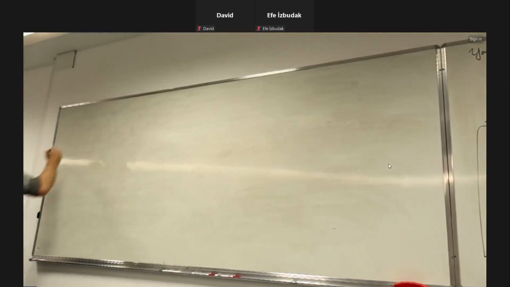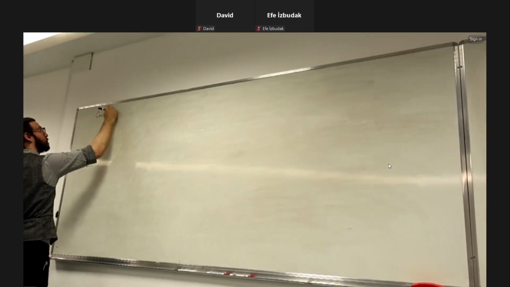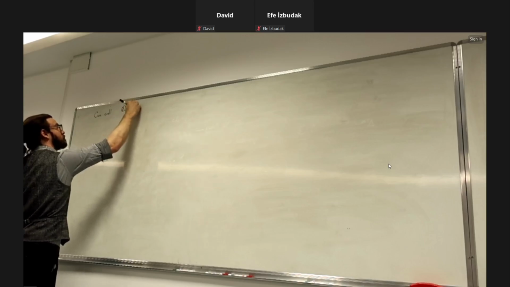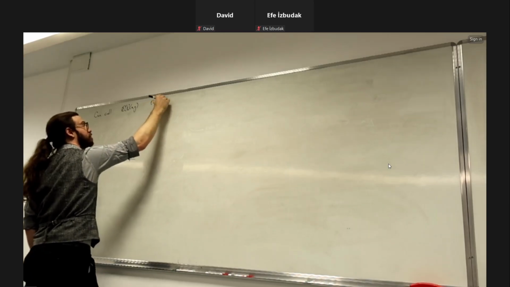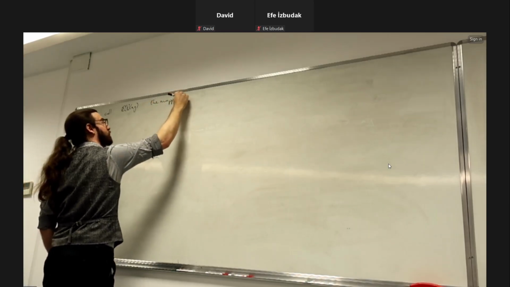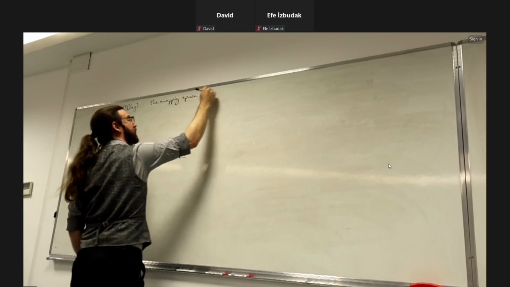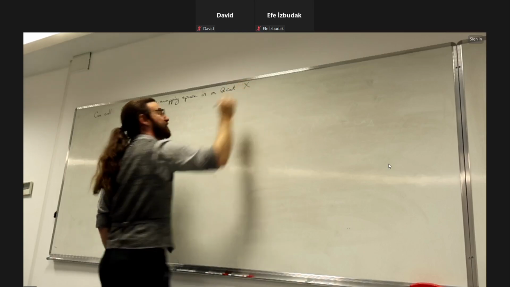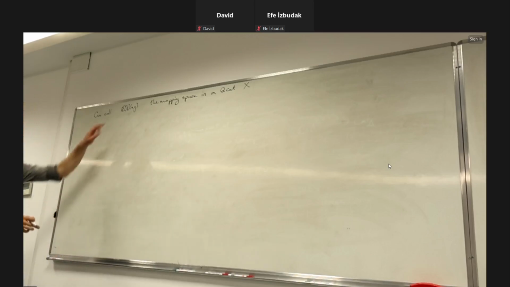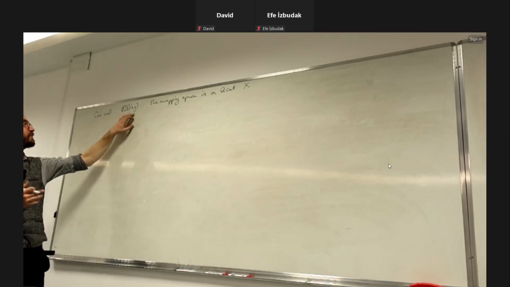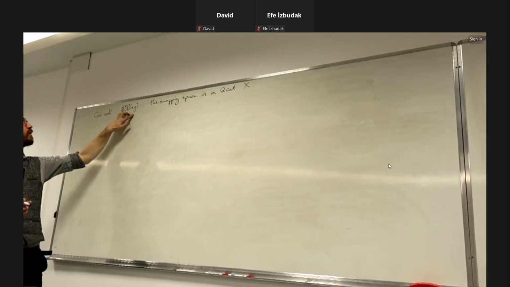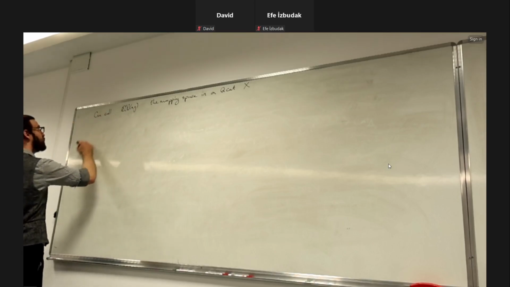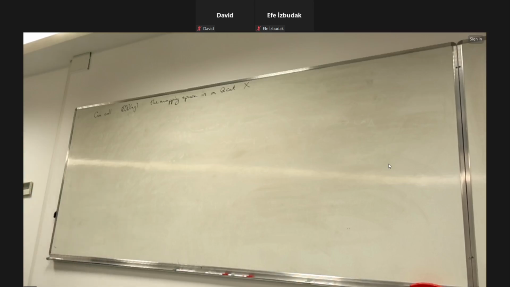So we can call the mapping space in a quasi-category X, if we have two zero simplices, so objects, this our mapping space. And so this allows us to make some basic definitions.